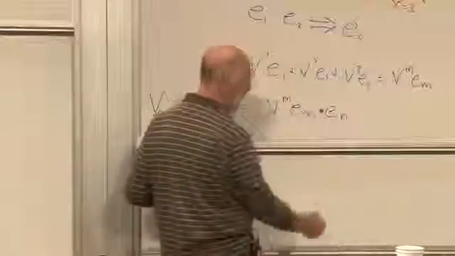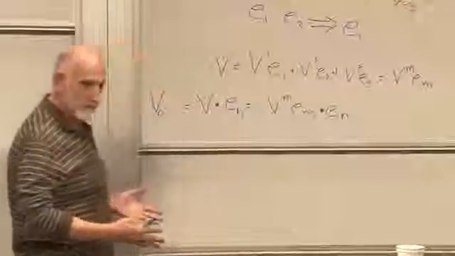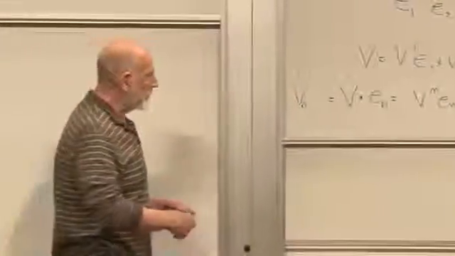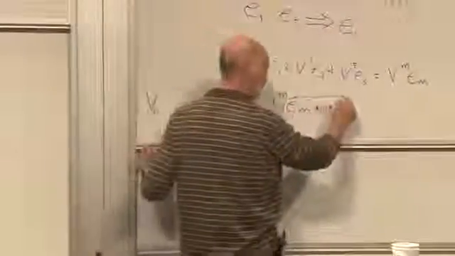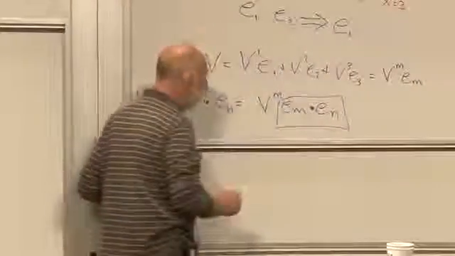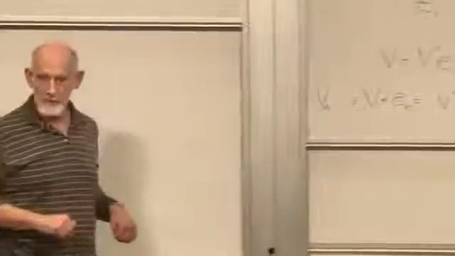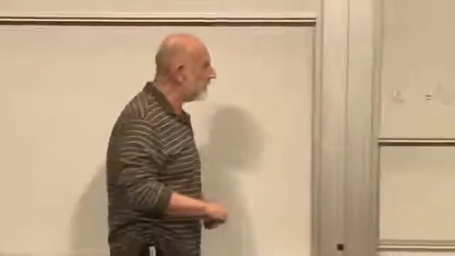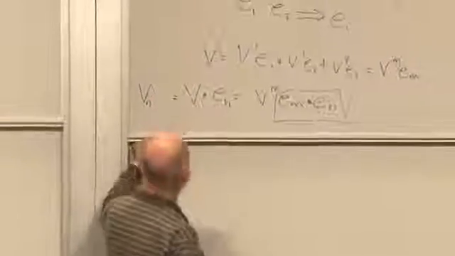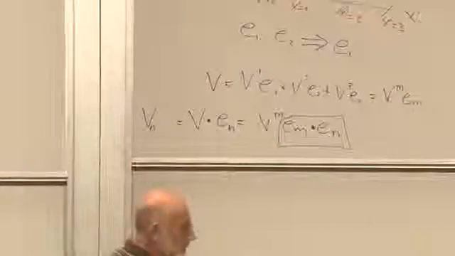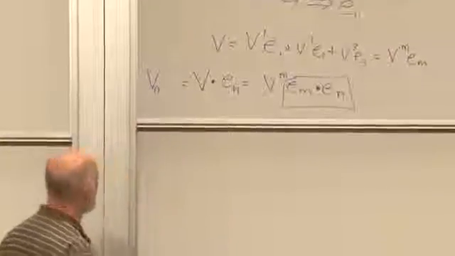Em dot en is something new. Let's isolate it. It has 2 lower indices, and it's the metric tensor. It is the metric tensor. Let's go a little bit further to see what its connection with the metric tensor is.